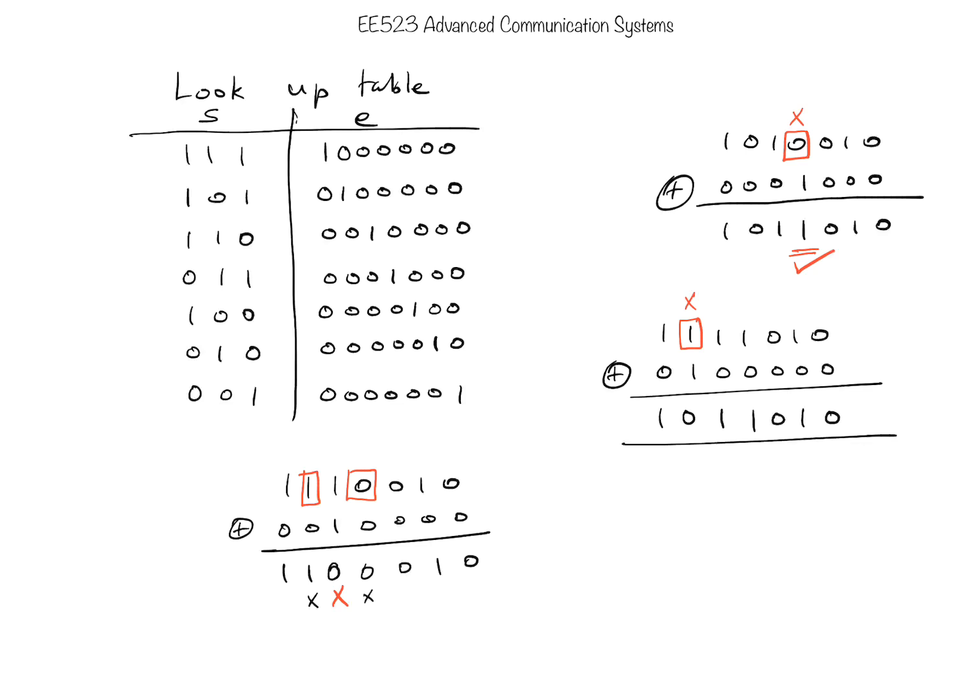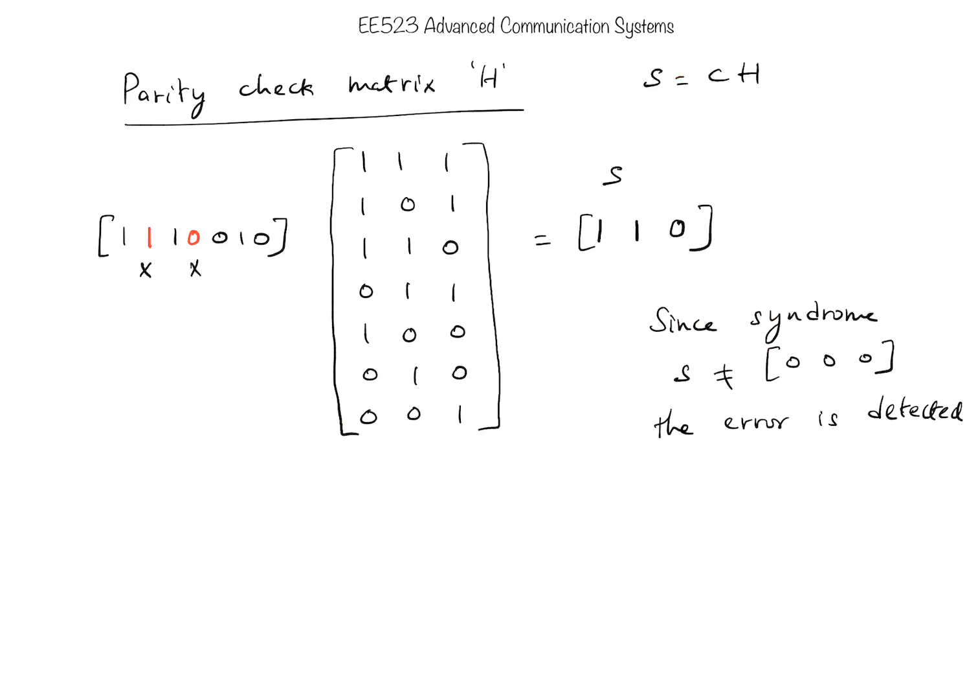So let's take 2 examples here. From our list of code words, I am going to take 2 particular code words. Let me erase this one. So we'll erase this particular code word now, and let's take the code word number 2.